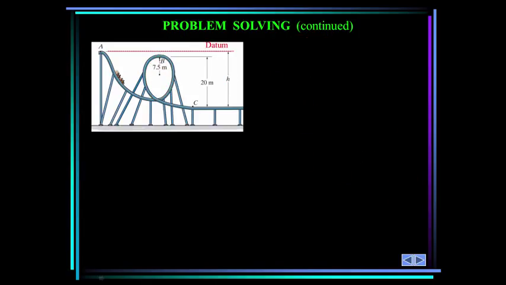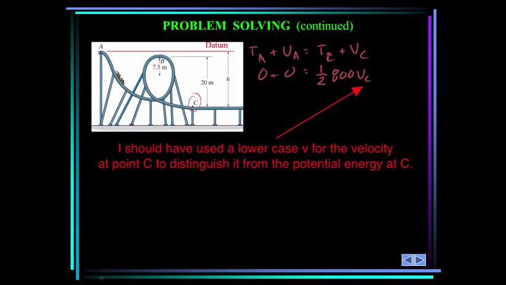Now we were also asked for the velocity at C, so we'll use the conservation of energy equation there. So potential plus kinetic energy at A is equal to kinetic energy at C plus potential energy at C. We already know these are both 0. The kinetic energy at point C is going to be 1/2 the mass, which is 800, times the velocity at C squared.